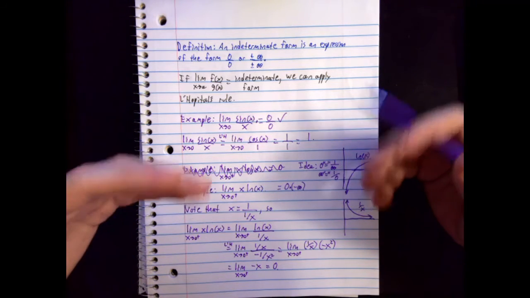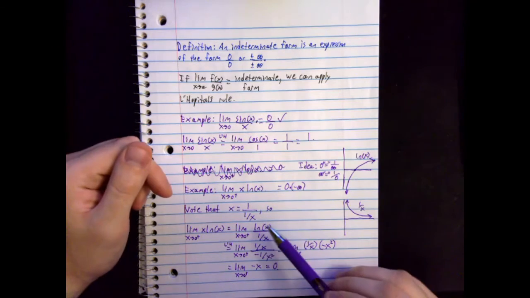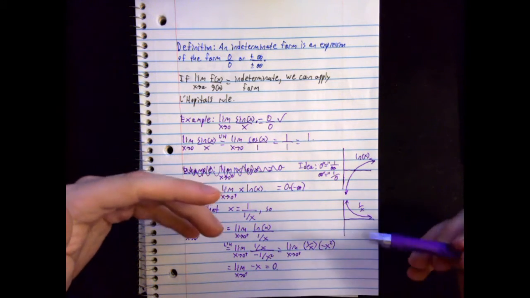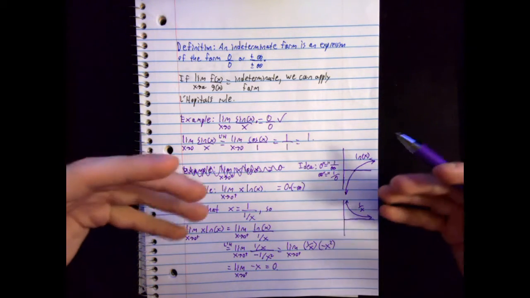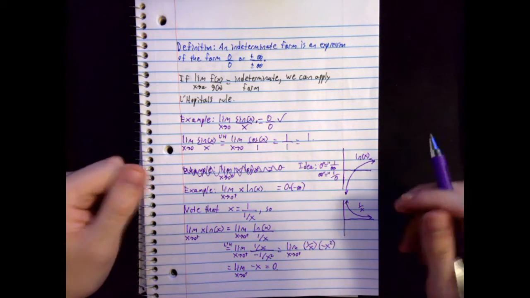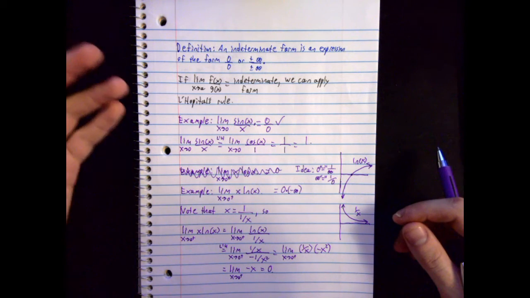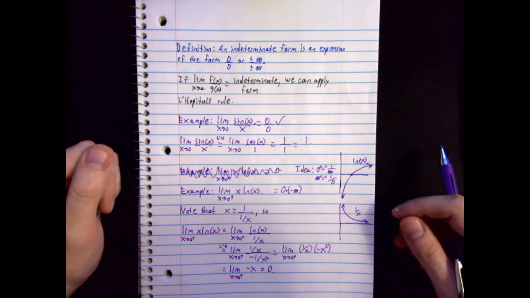And so natural log of x is dominated by x, and that's why this limit is equal to 0. Natural log of x doesn't do its thing as fast as x does its thing. Again, very informal, but maybe a helpful way to think about that. And there will be a couple of problems in your written homework that explore that a little bit more.